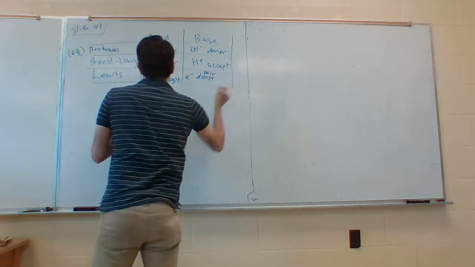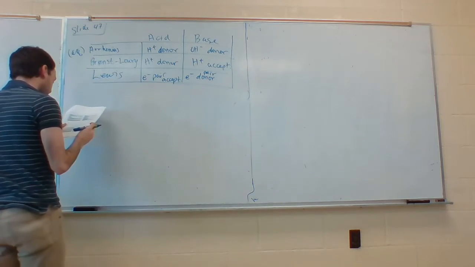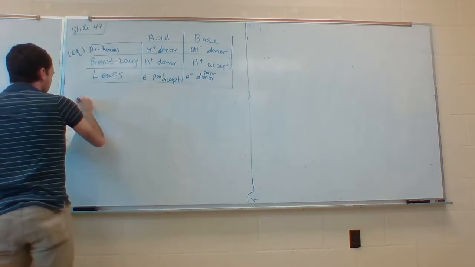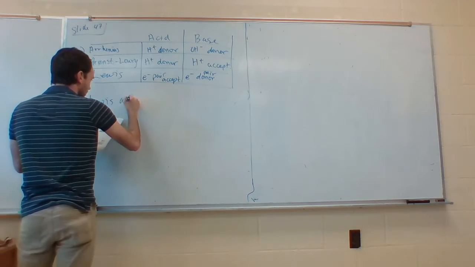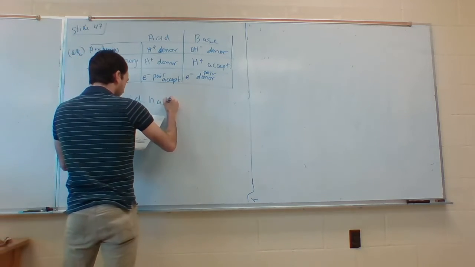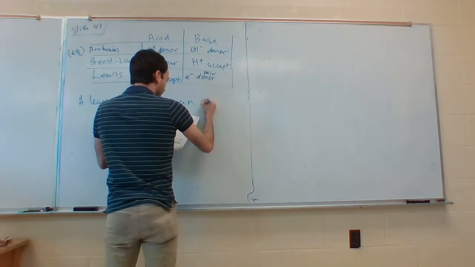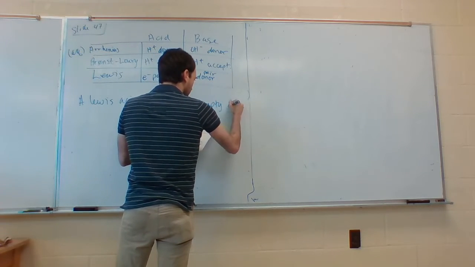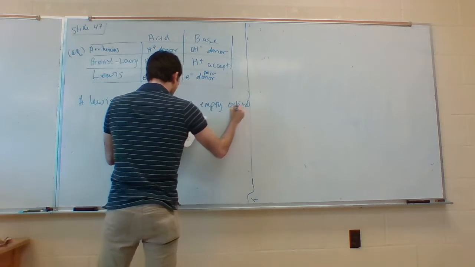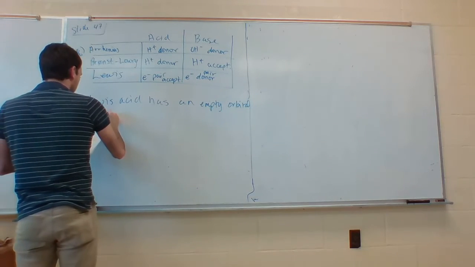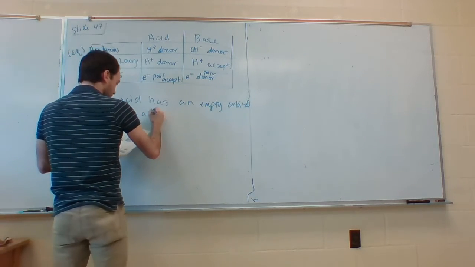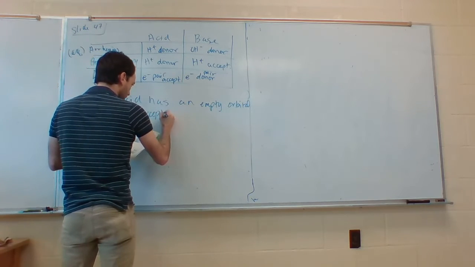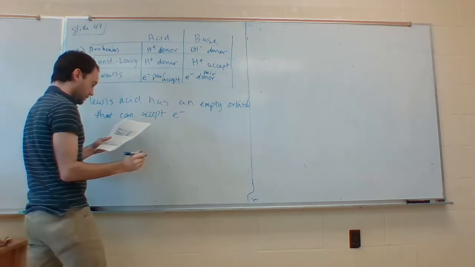What do I mean by that? Well, basically, a Lewis acid is going to have an empty orbital that can accept 2 electrons.